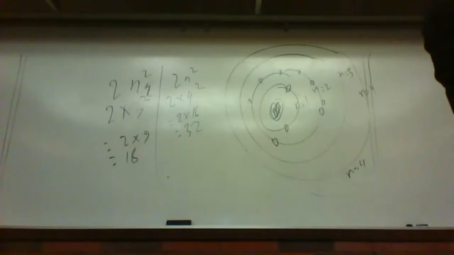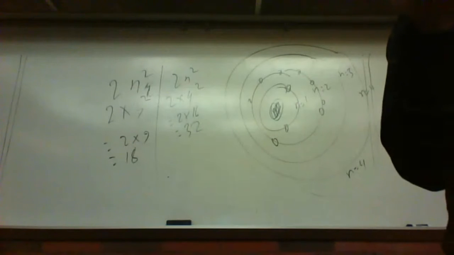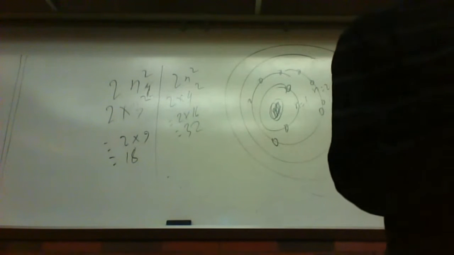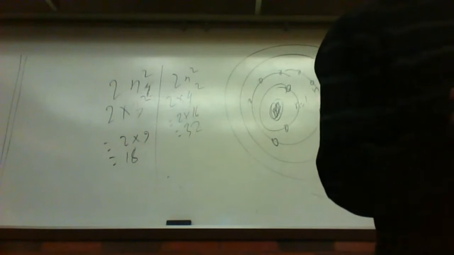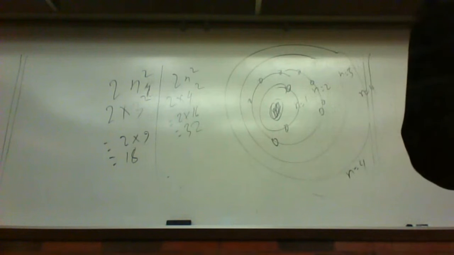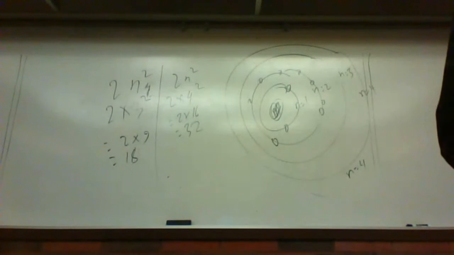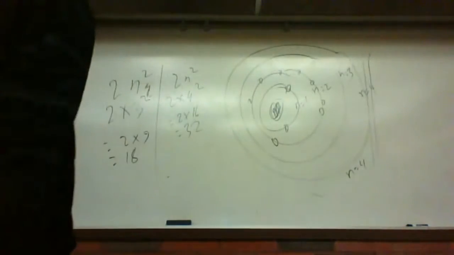In the fifth orbit, 5 squared is 25, and 25 multiplied by 2 is 50, so 50 electrons. In the sixth orbit, 6 squared is 36, multiplied by 2 is 72. That's how it makes sense. So that is the number of electrons we could put there.